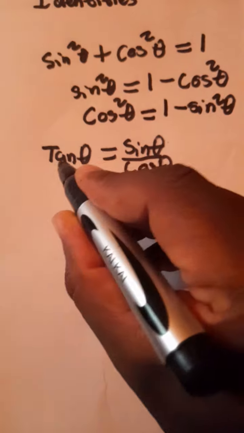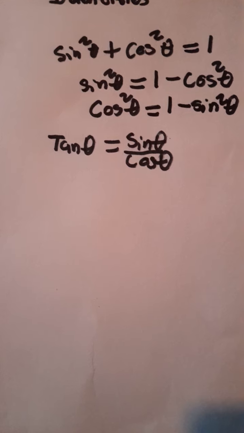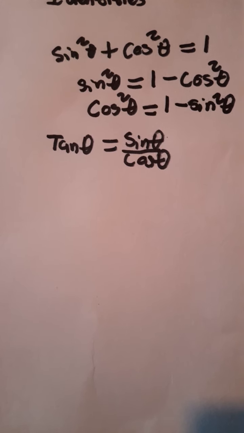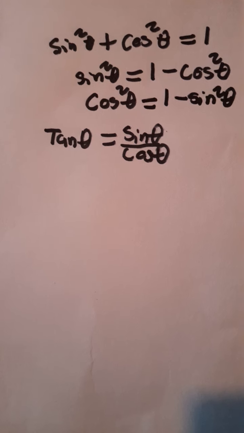So whenever there is tan, you're going to say sine all over cos. This is what we call a quotient identity. I won't dwell too much on proofs. Today I'll dwell on simplifying.